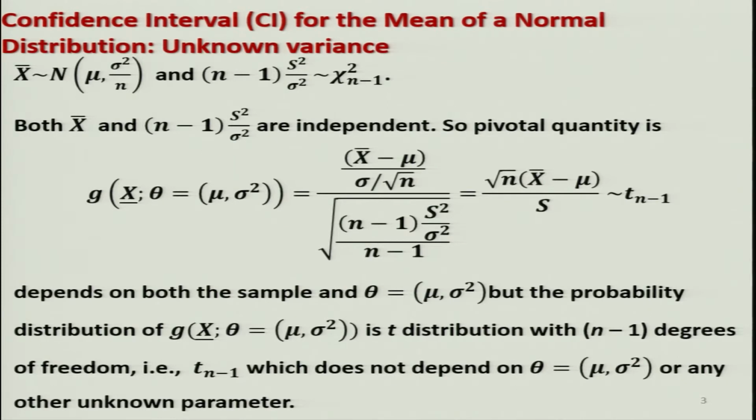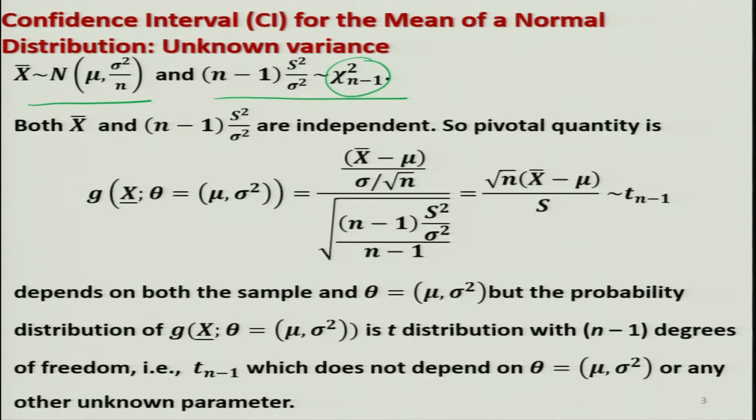If X1, X2, ..., Xn is a random sample from normal mu sigma square, then X bar follows normal mu, sigma square divided by n, and from the chi-square distribution, (n minus 1) S square upon sigma square follows a chi-square distribution with n minus 1 degrees of freedom.